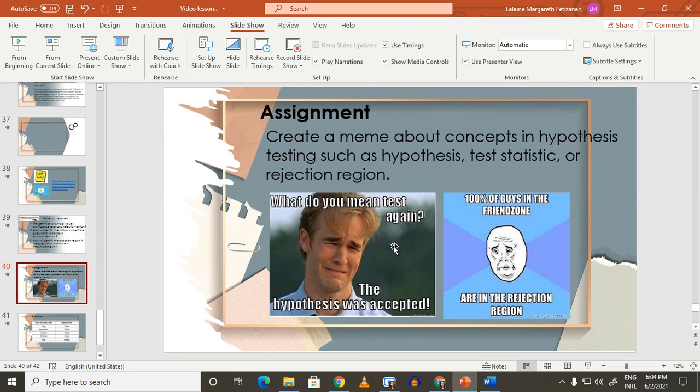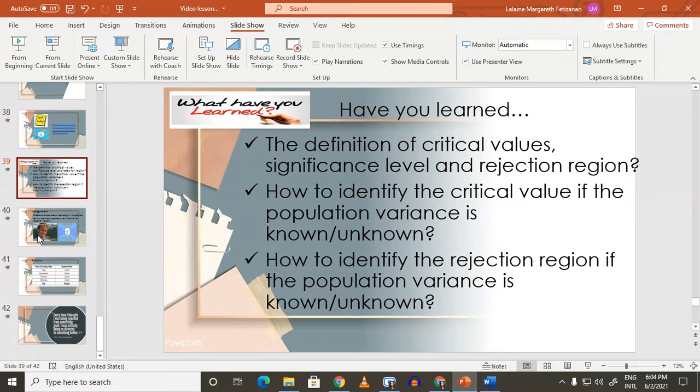Nag-send na rin ako ng mga examples sa GC nyo. Okay? So, aralin pa yung ibang examples kung paano i-compute yung rejection region if population variance or standard deviation is known or unknown.